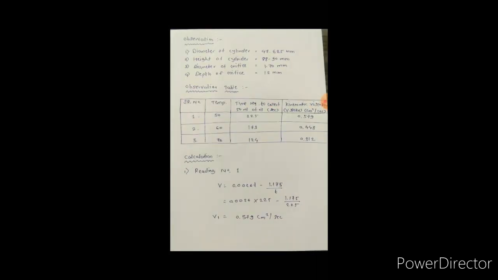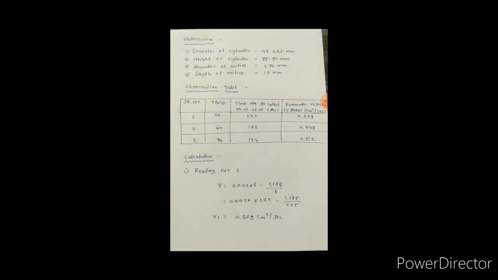For reading 2, we have the time 173. So V = 0.0026 into 173 minus 1.175 divided by 173. So the kinematic viscosity for reading 2, that is V2, is 0.443 centimeter square per second. Similarly for reading 3, the time is 124 for the temperature 70.